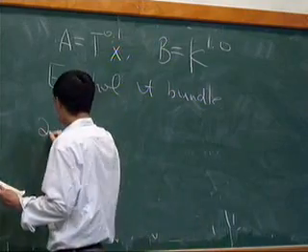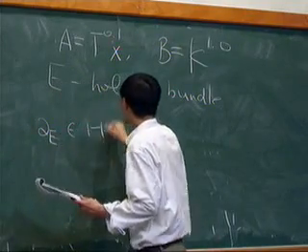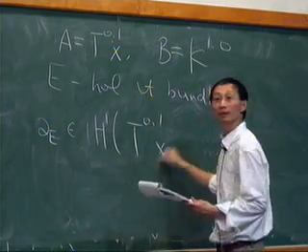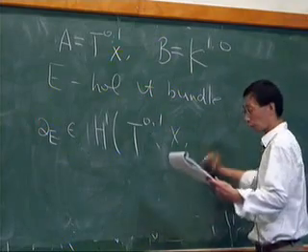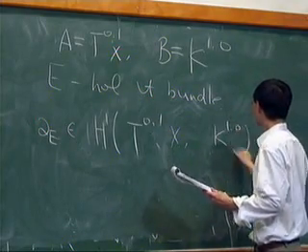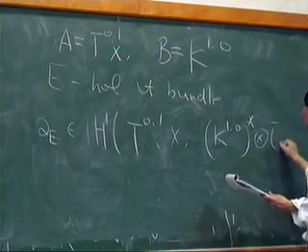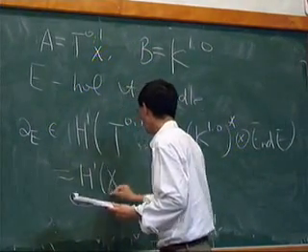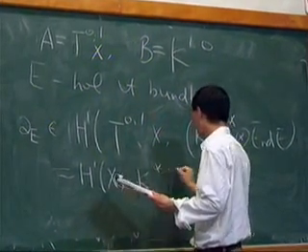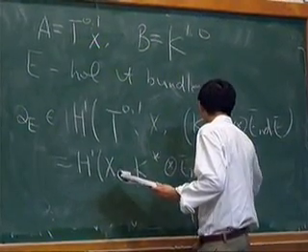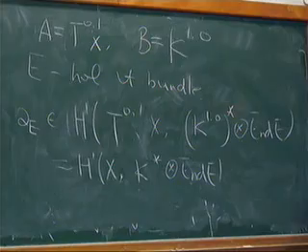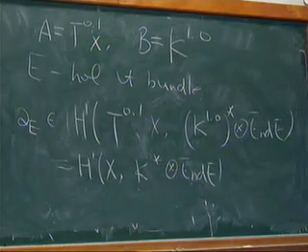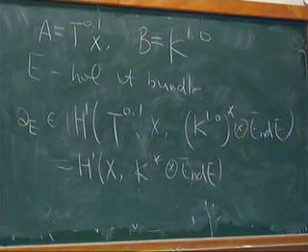Then this RTL class is just the first Lie algebroid cohomology of T01 X as a Lie algebroid with coefficients in K10 star and the morphism of E. So this is just the same thing, the first sheaf cohomology with K star and the morphism of E. And this is exactly what people call the RTL class of a holomorphic vector bundle, a holomorphic Lie algebroid on E. So this is somehow the standard RTL class.